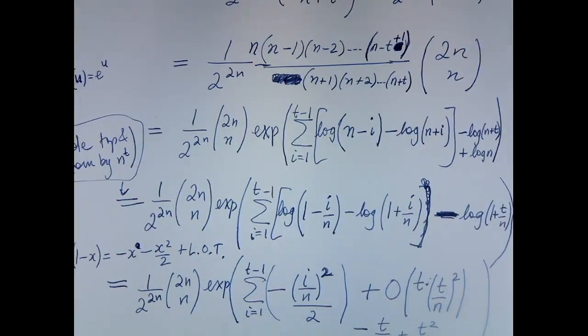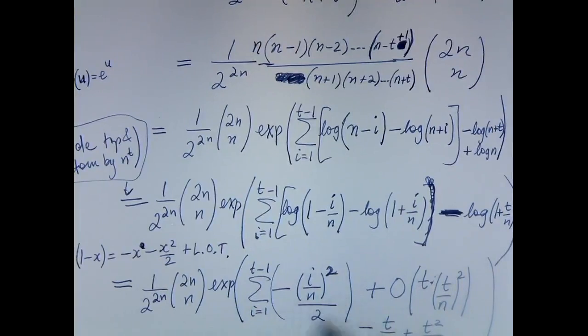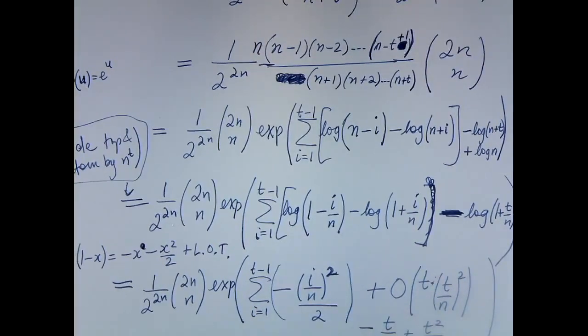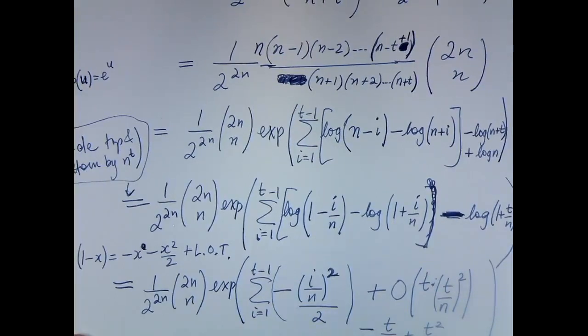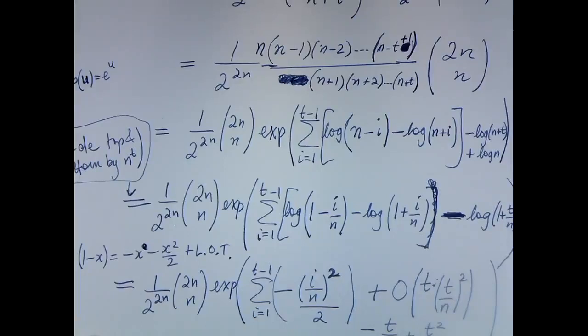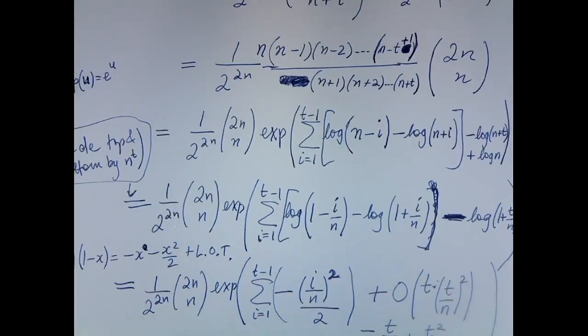It's 1 over 2 to the power 2n, 2n choose n. Now, the great thing here that's happening is that I've got exp of 1 over n squared, sum i equals 1 to t minus 1 of i squared. There's actually an expression for that: t minus 1, 2t minus 1, divided by 3.